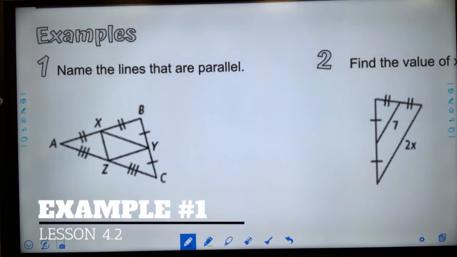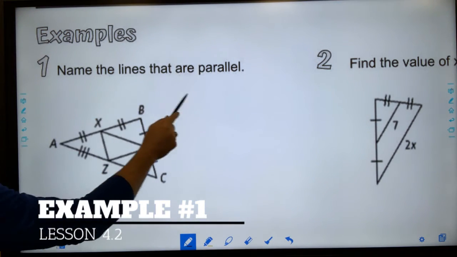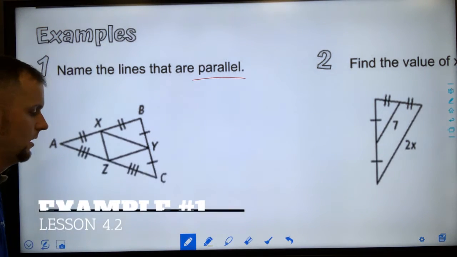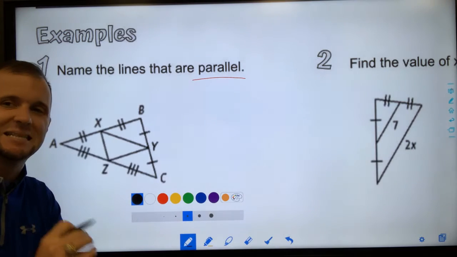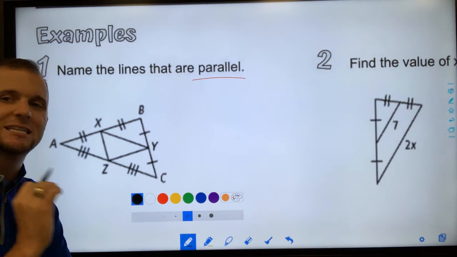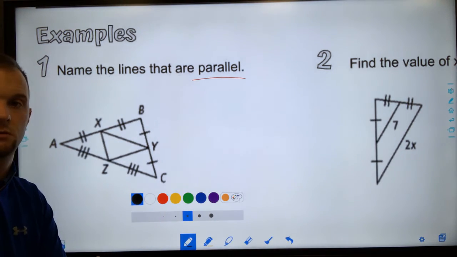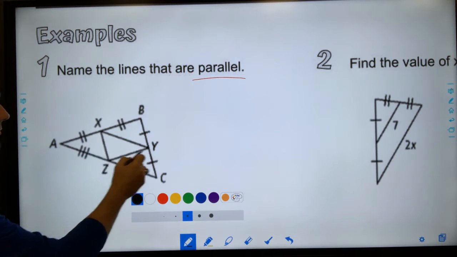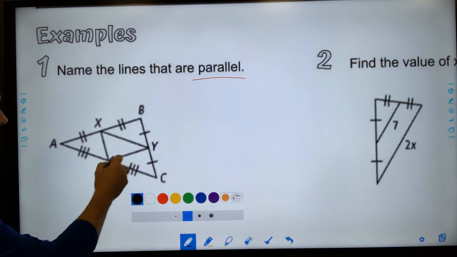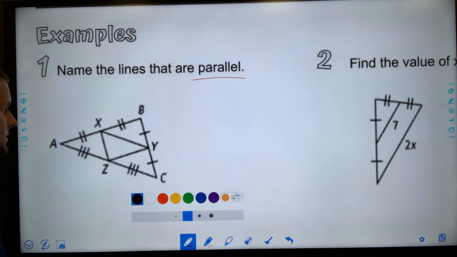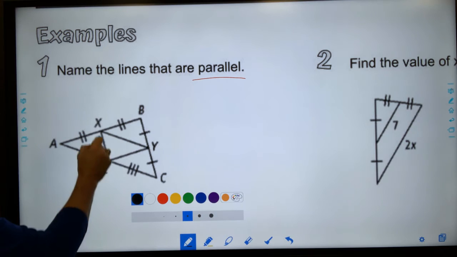Example number 1 wants us to name the lines that are parallel to each other. A while ago, we learned that if we have a mid-segment, then the third side is going to be parallel to it. Right now it looks like we have three different mid-segments: this line connecting these two points, this line connecting these two points, and this one connecting these two. Right now we're just going to look at this one.